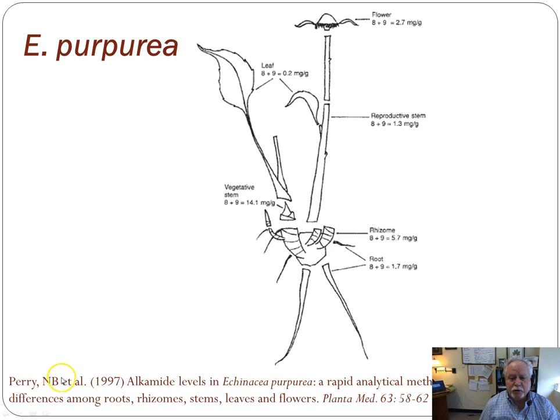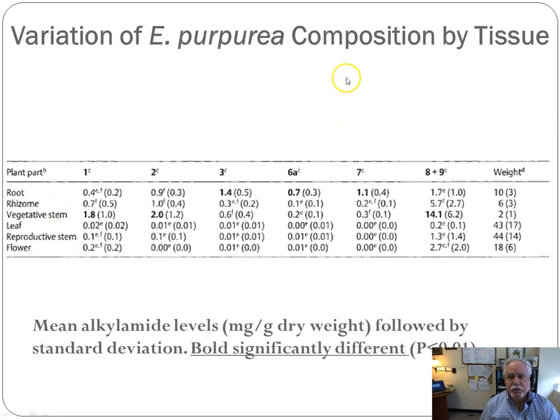This is the picture of Echinacea purpurea, and we're looking at the aerial portions, the flower and the stem, the leaves, and then the roots and rhizome. And the reason is, when we look at the variation by tissue, and these are different samples, 1, 2, 3, 6, 7, 8, 9, what we're seeing is the mean alkylamide levels in milligrams per gram dry weight, followed by their standard deviation, and the bold numbers are significantly different.